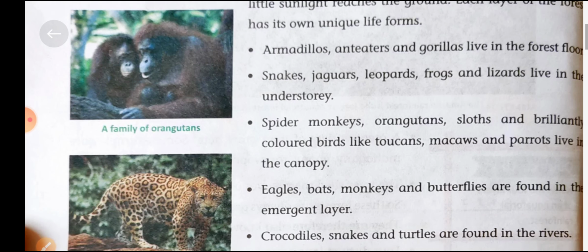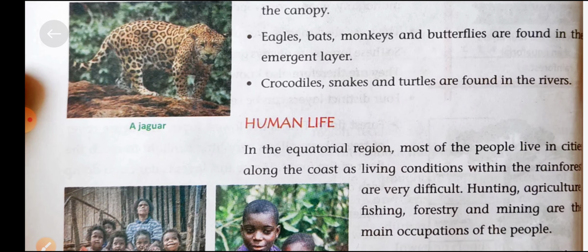Now next we look at human life. As you know, this area receives very heavy rainfall throughout the year. Every day at around 4 o'clock in the afternoon it receives heavy rainfall, so it is a very humid area.